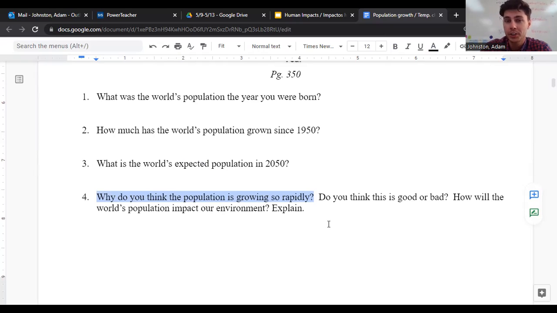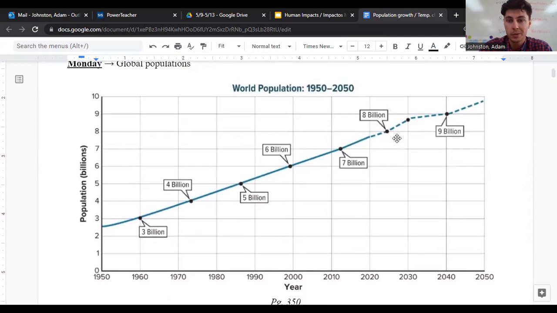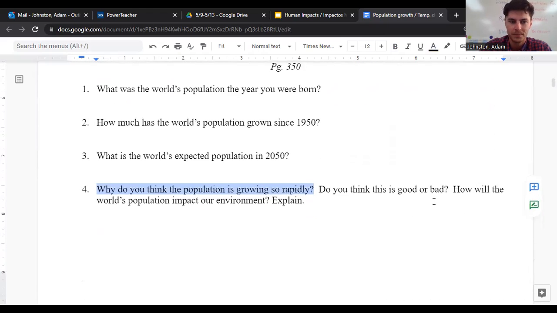If every generation has 2 or 3 kids or more, the population will expand. Also, if we think about the healthcare and the technology that's available in 2020 compared to the healthcare and technology available in 1950, it's a little bit different. We notice that people are living longer, healthier lives in this decade compared to previous decades.